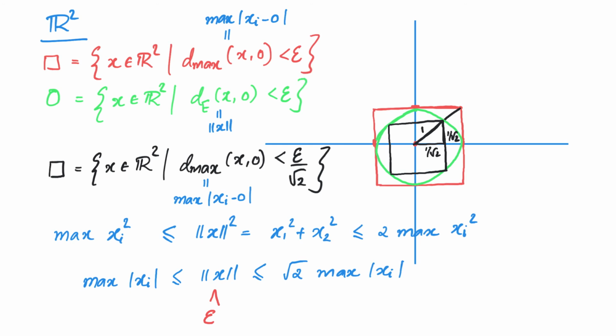On the other hand, if you focus on the second inequality and assume that maximum of mod xi is less than epsilon by square root of 2, then norm x is less than or equal to square root of 2 into epsilon by square root of 2, which is equal to epsilon. So, the second inequality is capturing the fact that the black square is contained inside the green circle.